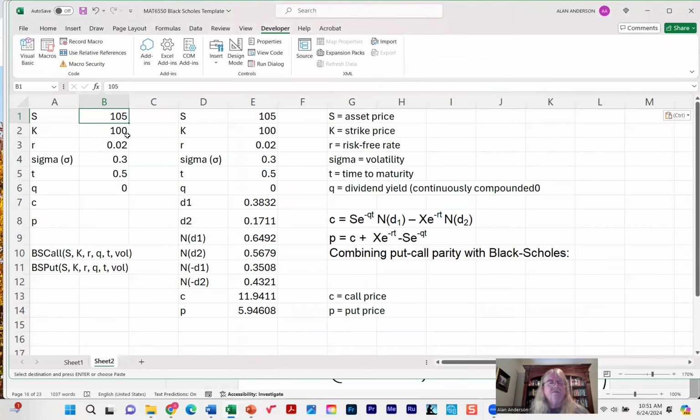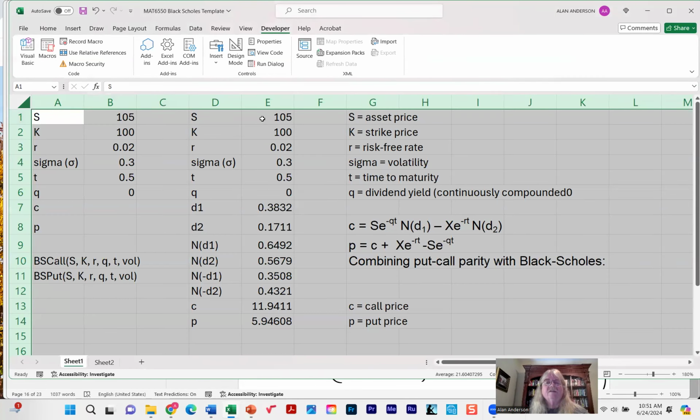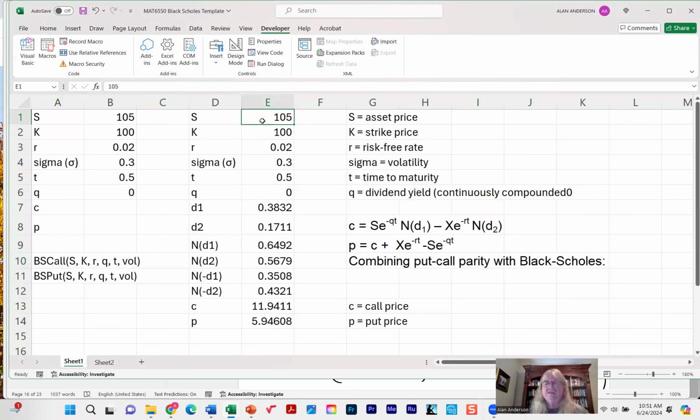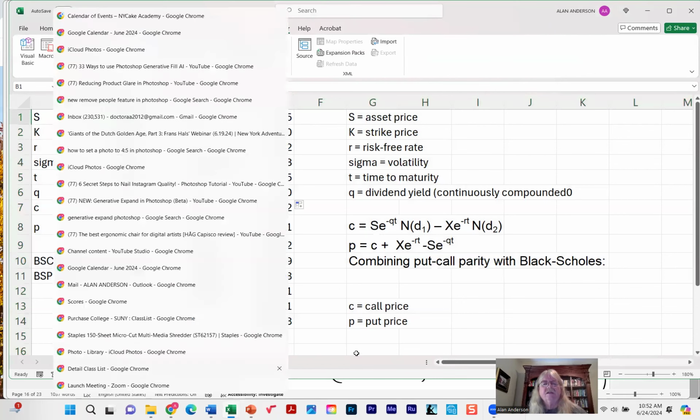So I'll put that in here. Actually, you know what? There's a clever way I could have avoided needing to retype these. This is a better way to go because this way, if you have to change something in column B, it'll automatically update itself in column E. Okay. So I'm going to do that right now.